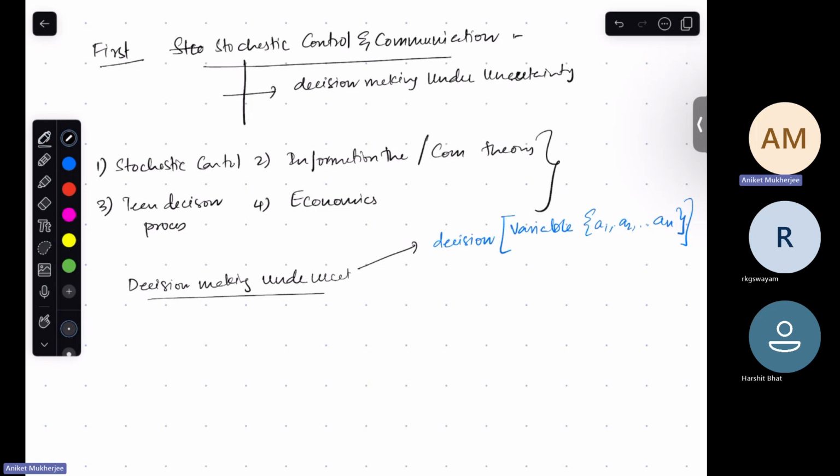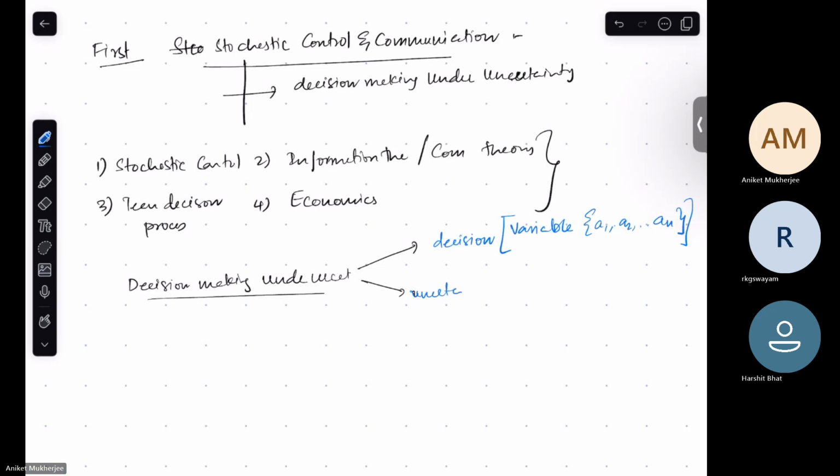The next thing that you have is uncertainty. Uncertainty is basically a random variable in the system. It could be some X with some distribution. For now, we'll assume that this distribution is known. This is also a variable, but its value is not known when you're making the decision.